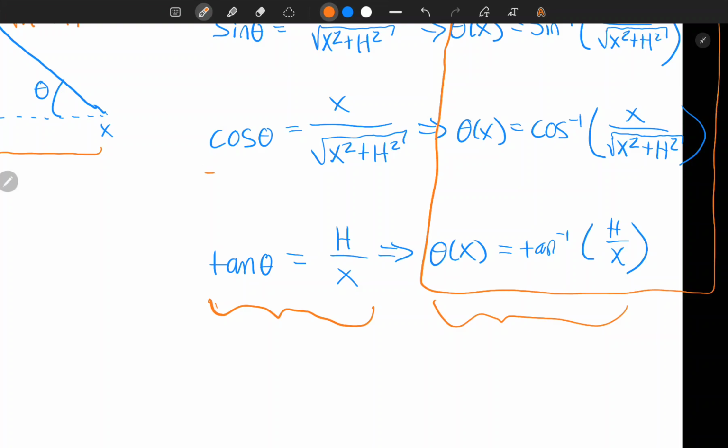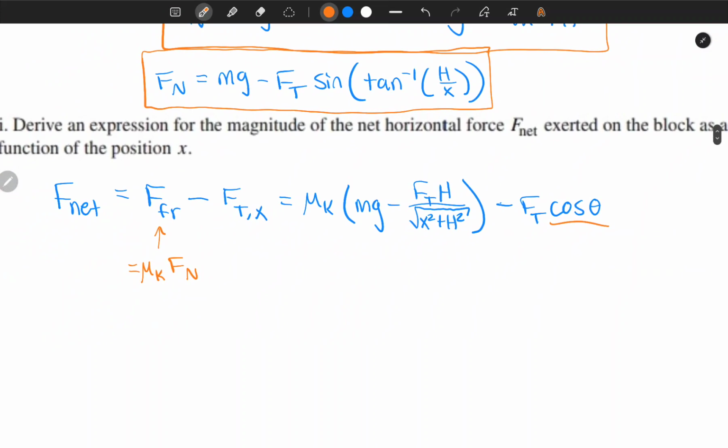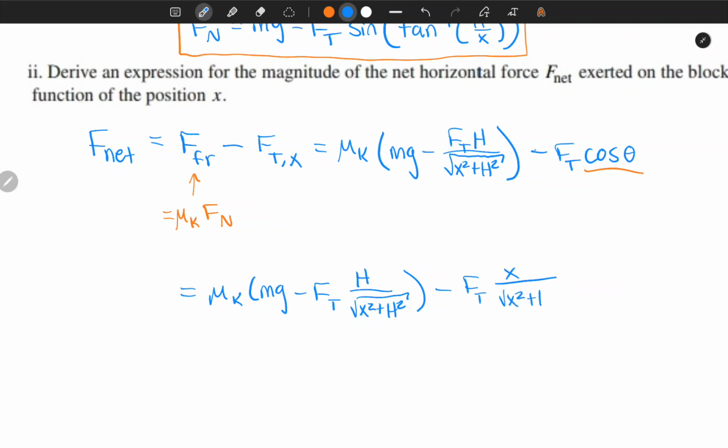So using this expression here for cosine theta in our expression for the net force in the horizontal direction, we find that the total net force is equal to mu sub k times mg minus F_T h divided by the square root of x squared plus h squared, minus F_T x over the square root of x squared plus h squared.